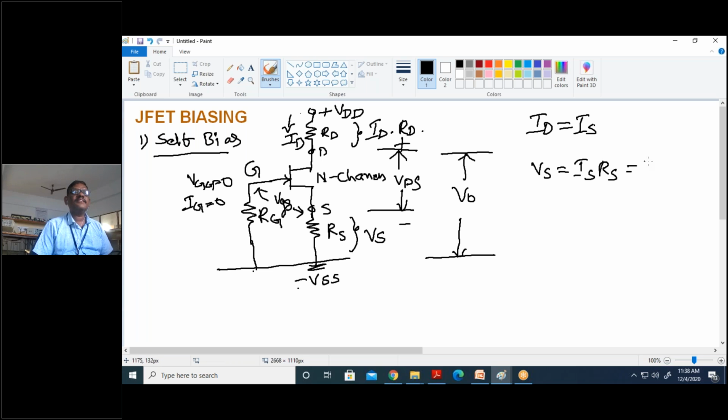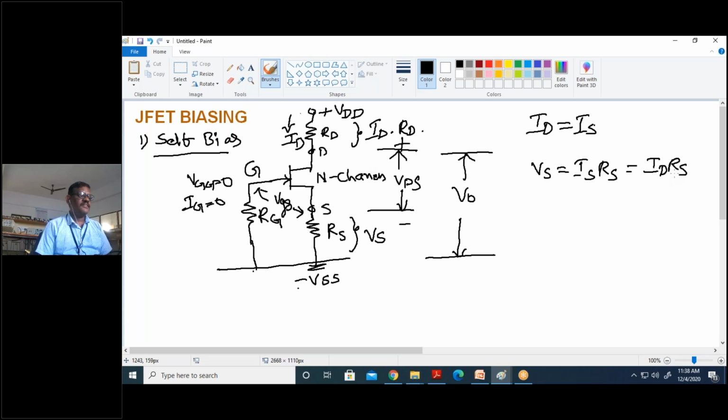But here IS is almost equal to ID, so it is written as ID into RS. This voltage drop reduces the VGS, the reverse voltage for JFET operation. Next, RS is called feedback resistor.